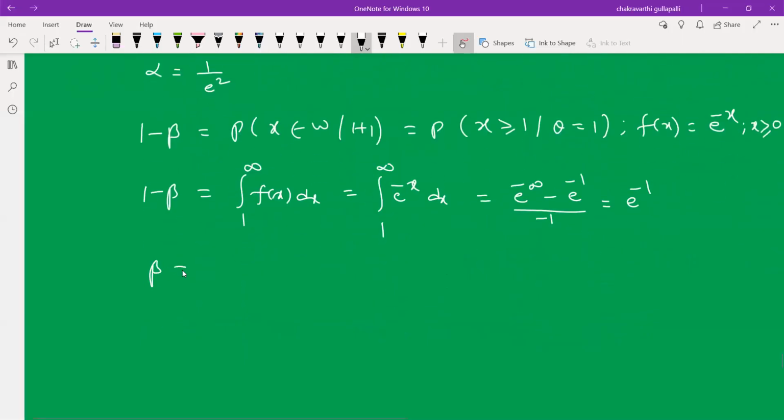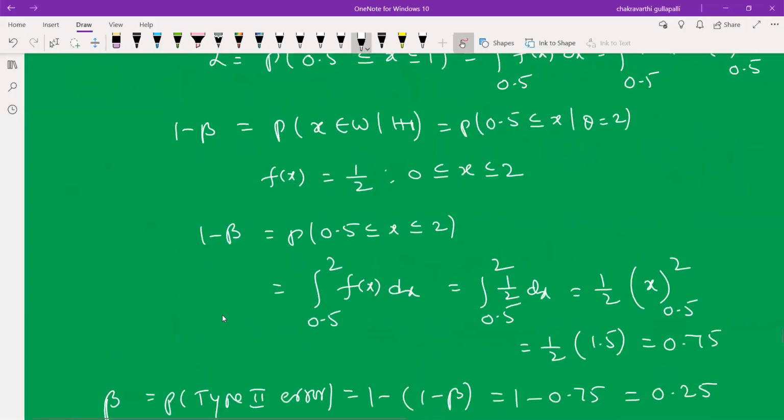So the beta value, the type 2 error, is 1 minus e power minus 1, that is 1 minus 1 by e. That is the beta value.